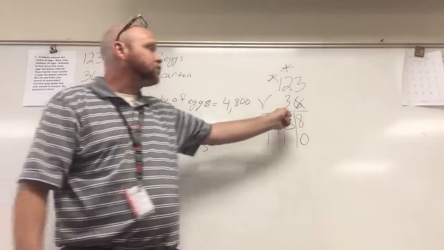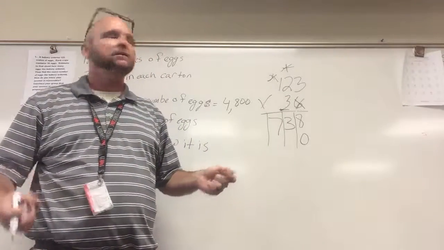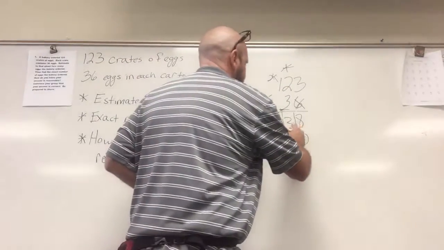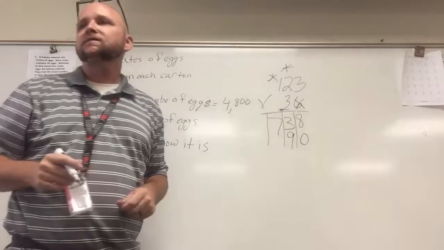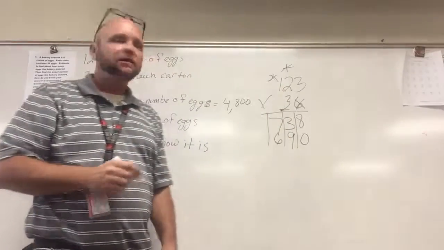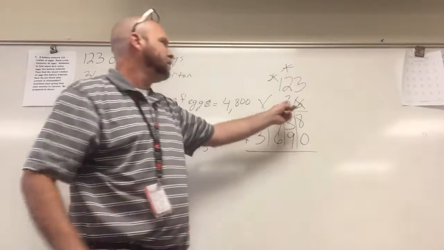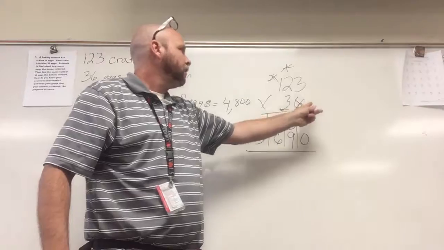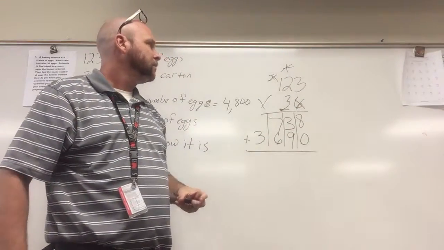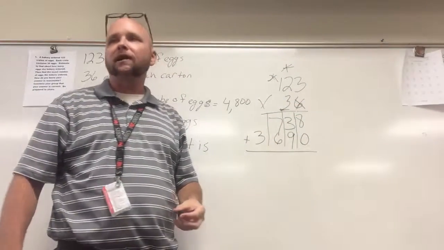Okay? So now I'm starting with my tens place. Savannah, you're not watching and it's annoying me. 3 times 3 is 9. 3 times 2 is 6. 3 times 1 is 3. And so what I just did is 30 times 123, and I got 3,690. I did 6 times 123 and I got 738.